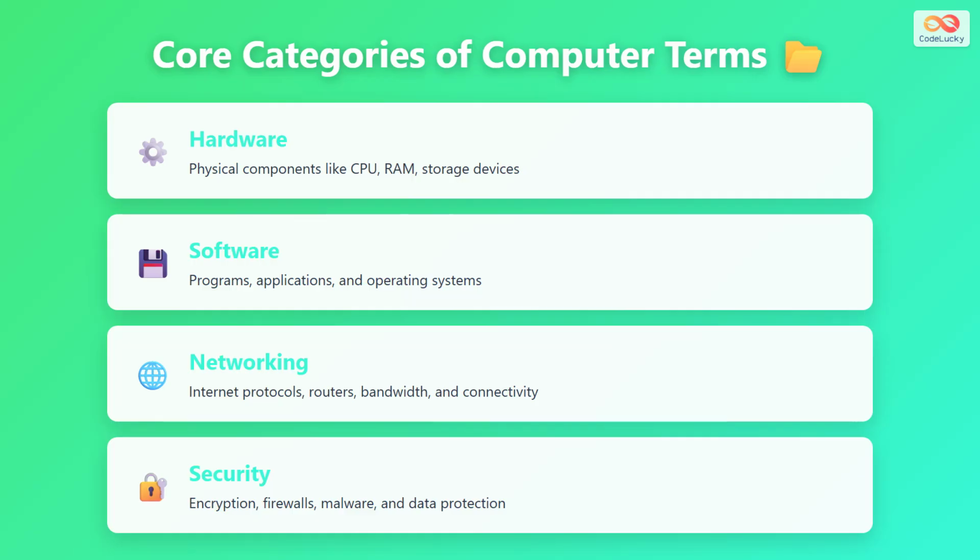Networking terms explain how computers connect and communicate, including internet protocols, routers, bandwidth, and connectivity standards. Security terminology encompasses the critical concepts of encryption, firewalls, malware protection, and data security measures. Understanding these 4 categories provides a structured framework for organizing and learning technical vocabulary effectively.